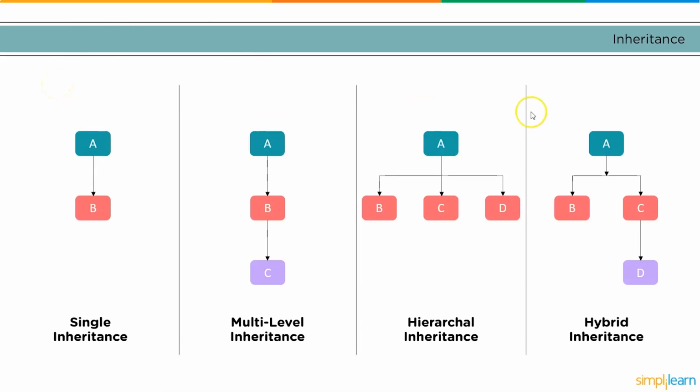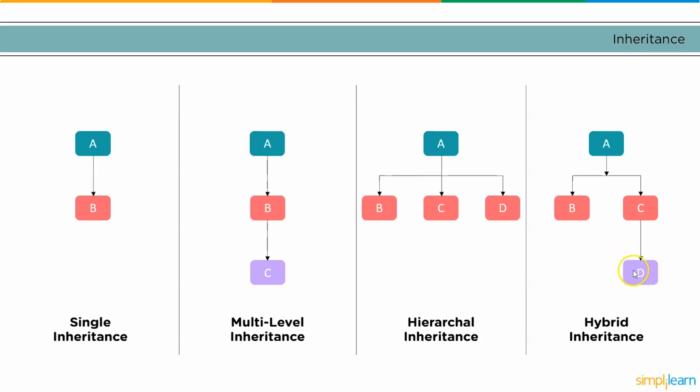When we get back into the theory part, we can see that in the hybrid inheritance, two child classes, B and C, are inheriting in a hierarchical manner from class A, and class C and class D are in the form of a single inheritance, where D is extending from C.